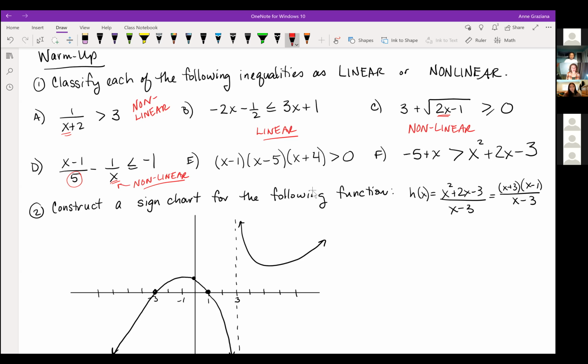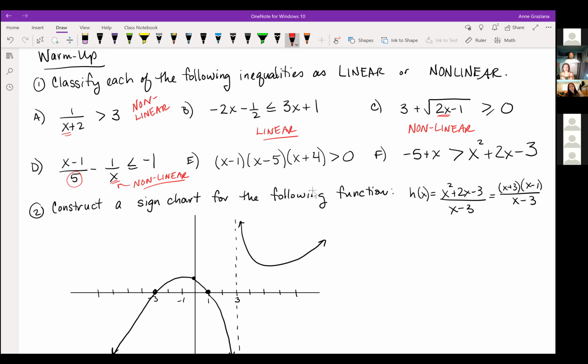All right. D, nonlinear. What about E? Give me a thumbs up if you think E is nonlinear. Couple people. All right, some people. If I were to multiply this out, what would be my highest power? Does anybody know? Yes, good, Nader.